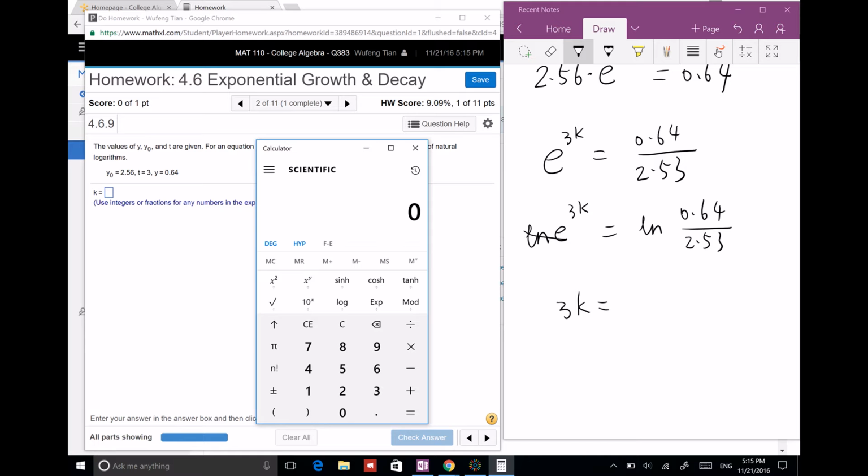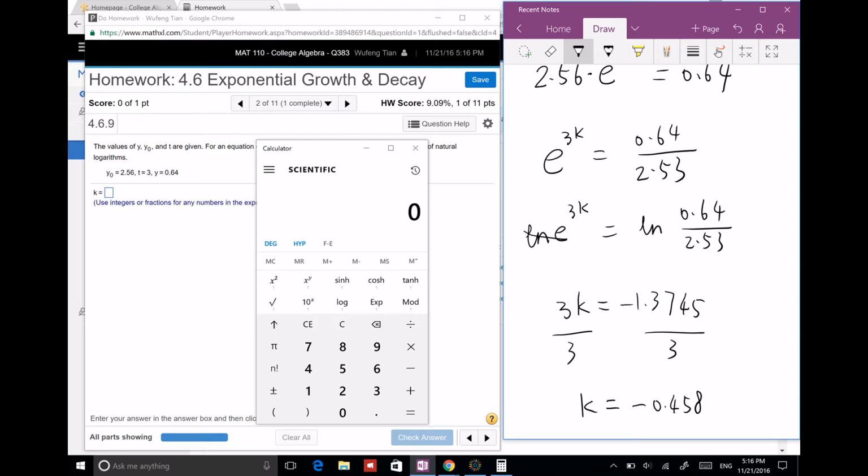0.64 divided by 2.56 equals, take ln, negative 1.3863, and divided by 3, so k equals negative 0.458.